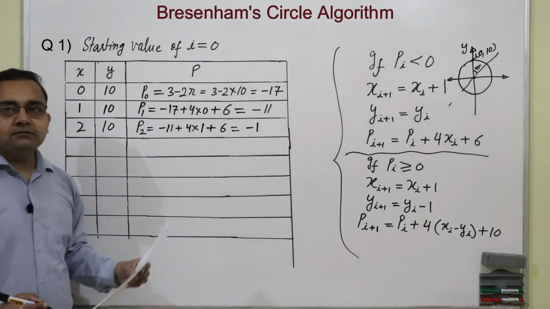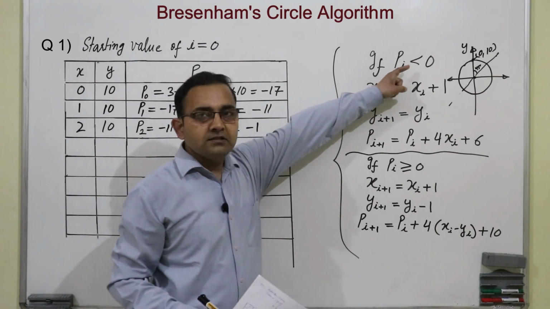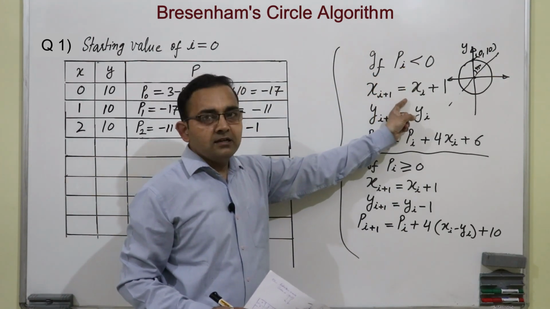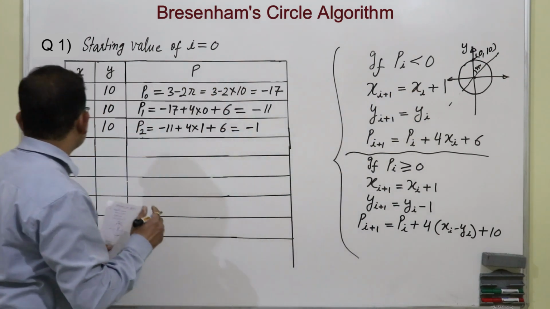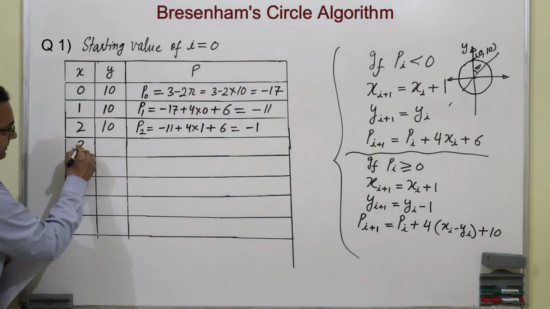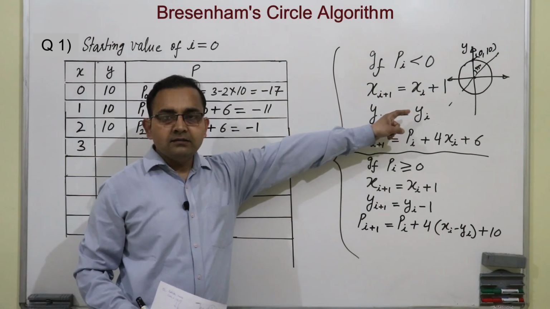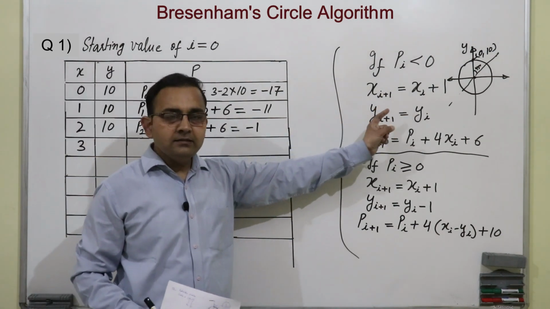Again it is negative, Pi less than 0. So, xi plus 1 equal to xi plus 1, so it will be 3, yi plus 1 equal to yi. There is no increment in yi.